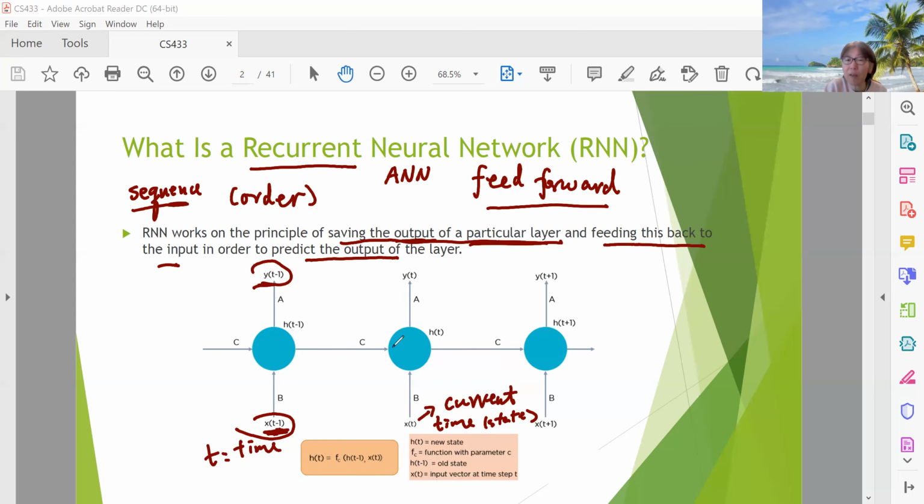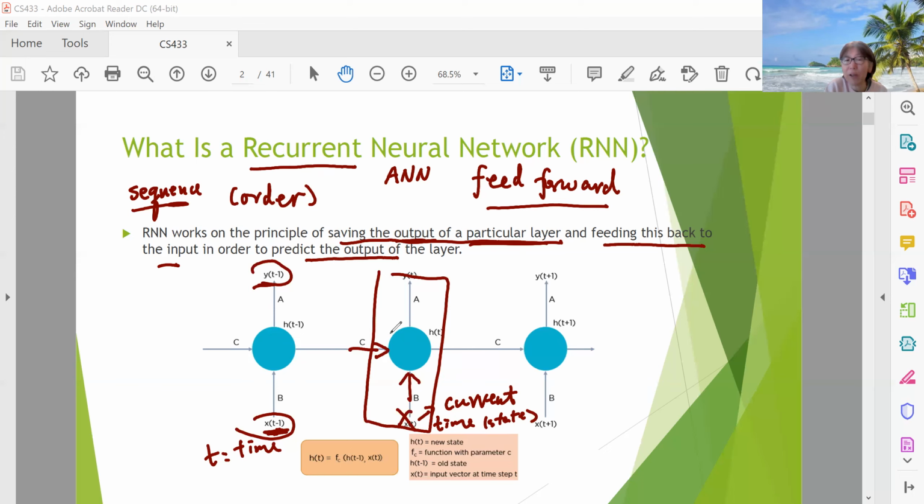For the current state, its input is not just from x. It's also the output generated at the previous time stamp.